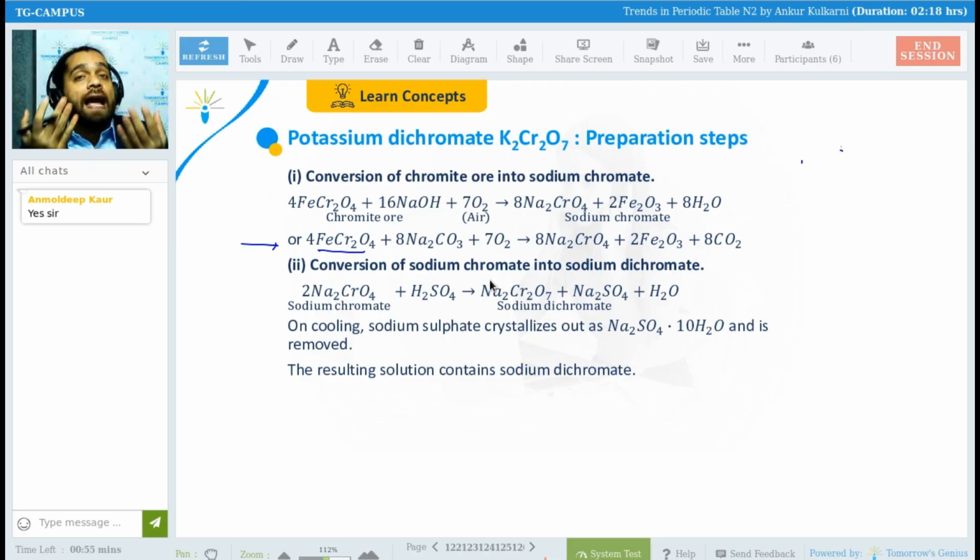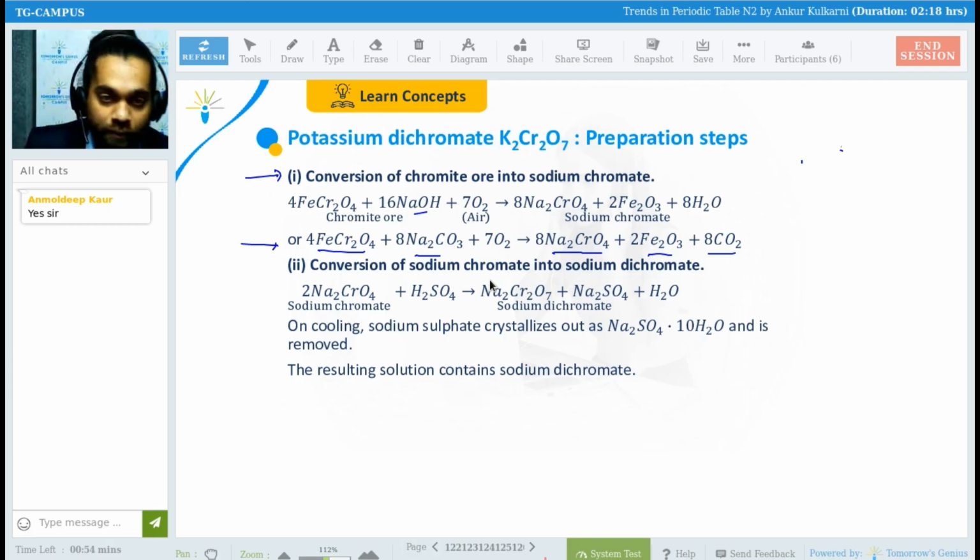So I'll react with base, NaOH or sodium carbonate, Na2CO3, and oxygen, and I'll separate the Fe. I have got sodium chromate. Remember by the name, I have converted chromite ore to sodium chromate.